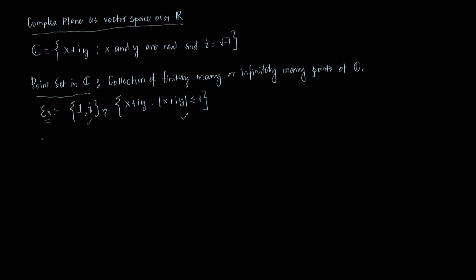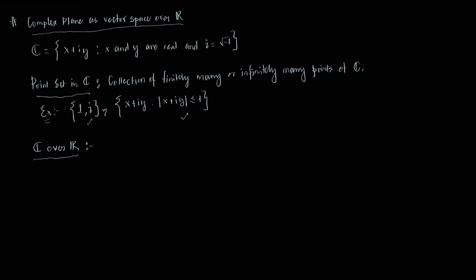So with that being said, in this video we are essentially trying to first look at how complex numbers, complex planes, can be viewed. For this course, we will deal with C over R. What do I mean by this?